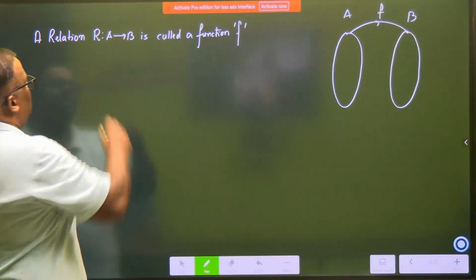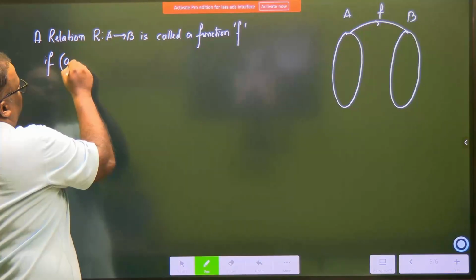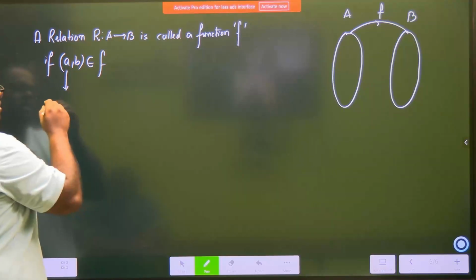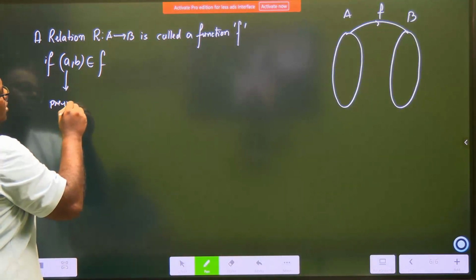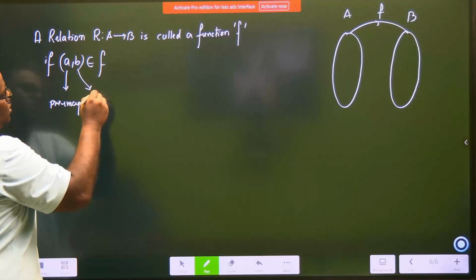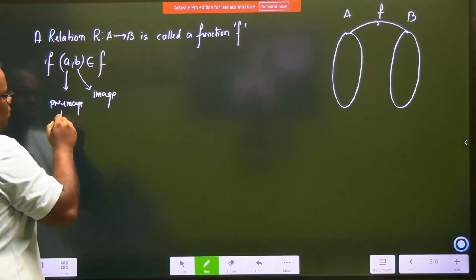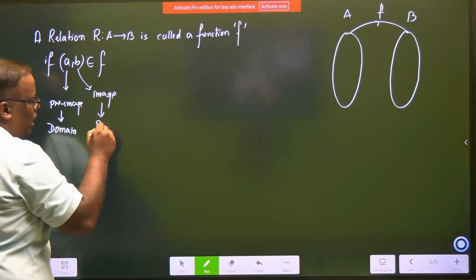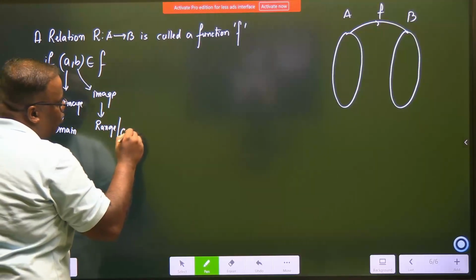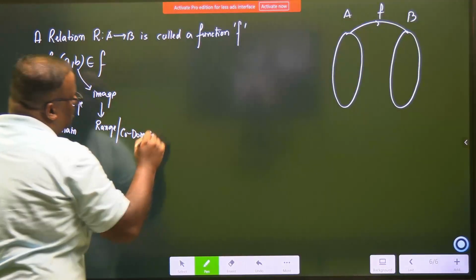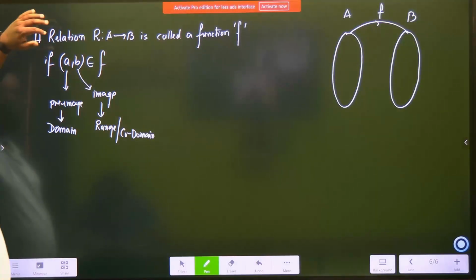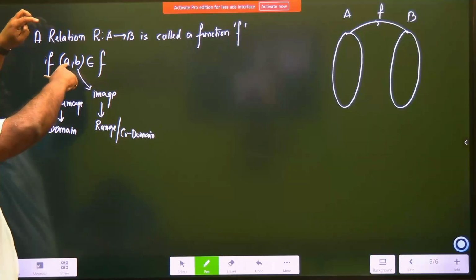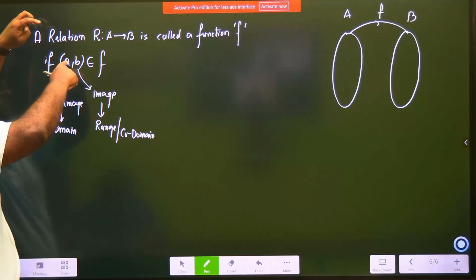If an ordered pair (a, b) belongs to the function, this is always known as the pre-image, and this is known as the image. The pre-image will always belong to the domain. The image will always belong to the range as well as the codomain. If I was considering root 9 for all positive values, then this is 9 and this is 3.